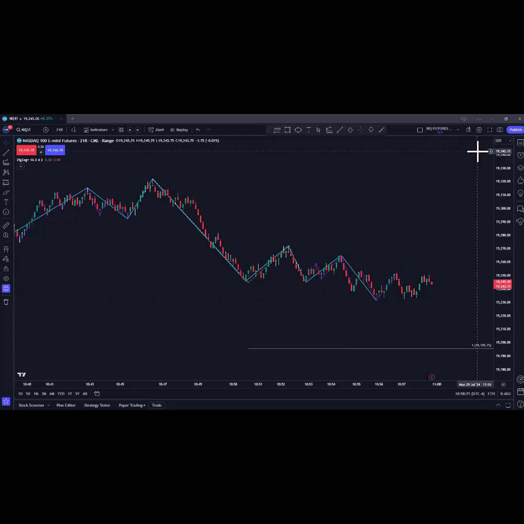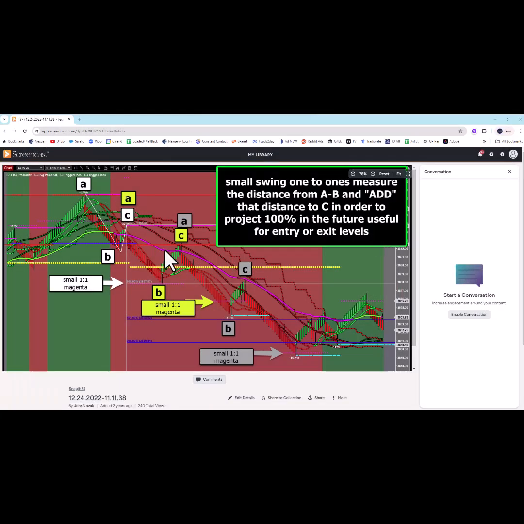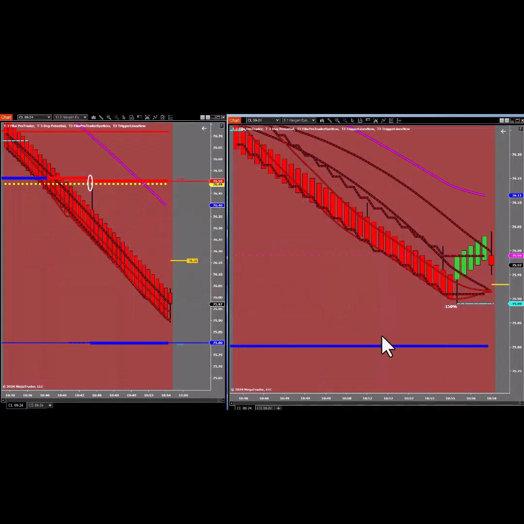Anyway, just a visual. Again, when you have all the other indicators on there, it gets a little dizzying. But basically, it's just small swings. You get magenta one-to-ones. And then the big swings and big trend changes create larger one-to-ones.